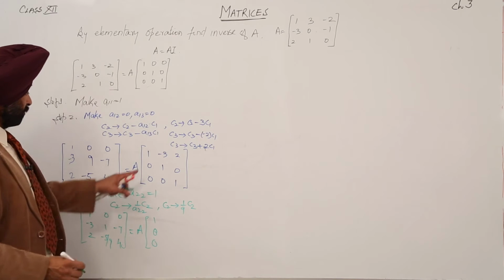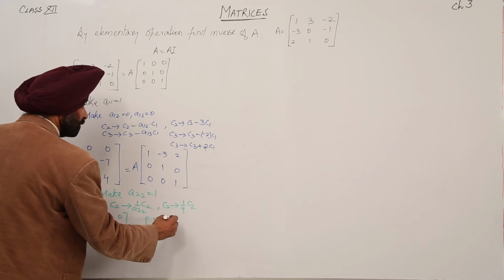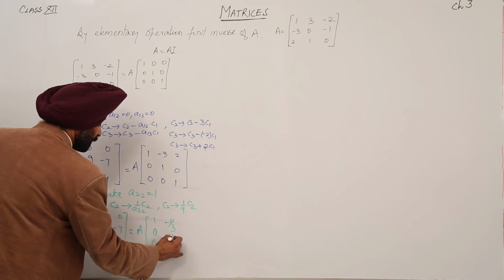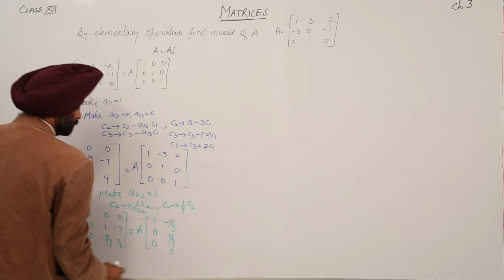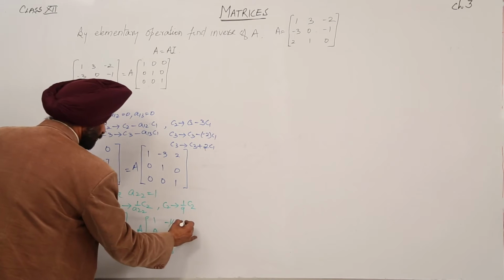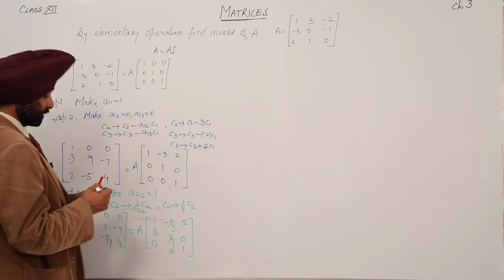Now divided by 9: minus 3 by 9 becomes minus 1 by 3, this will become 1 by 9 and this will become 0, since 0 divided by 9 is 0. And here it is 2 0 1. So this is step 3.